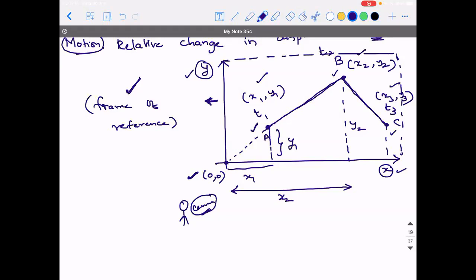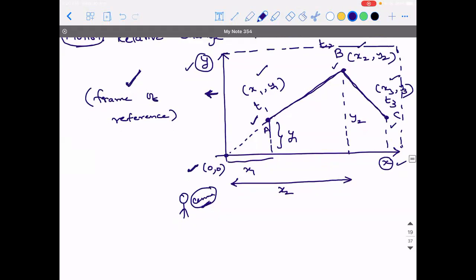Right. So if this is like a pic, a photo, then this photo can be framed. It has a particular frame under which this motion has taken place. And this frame is observed with respect to a person at the origin.